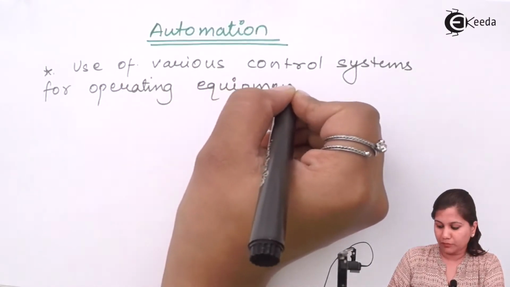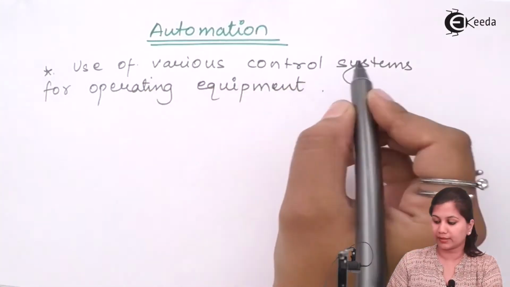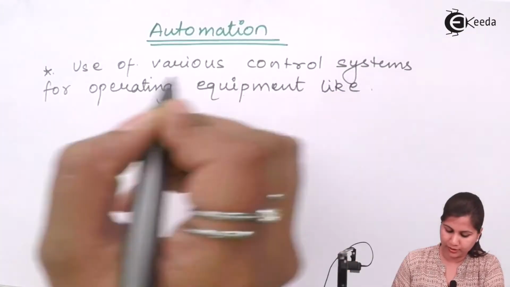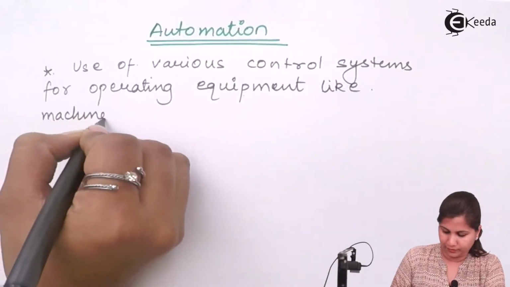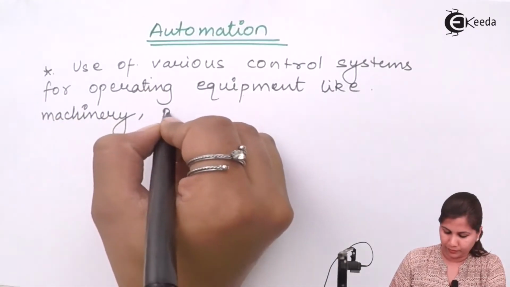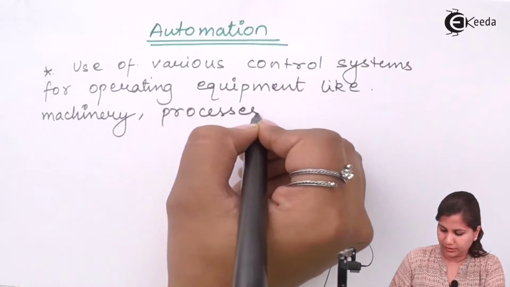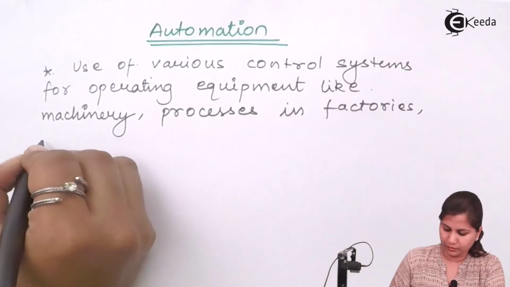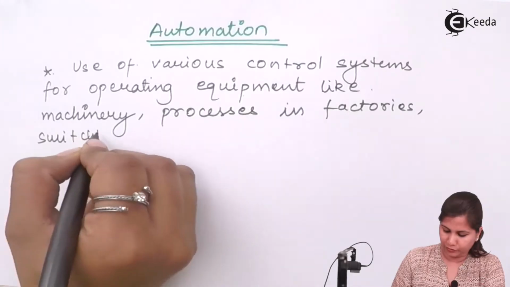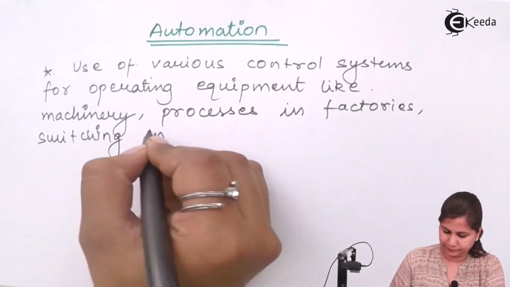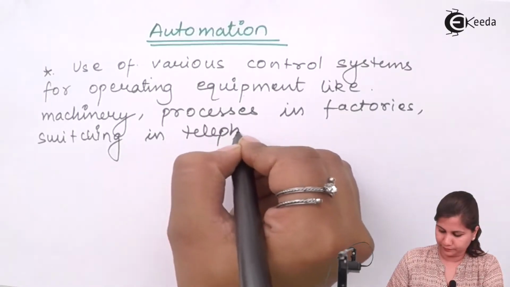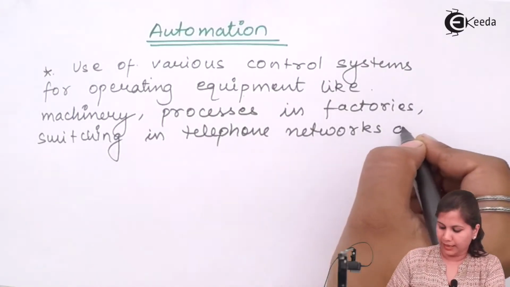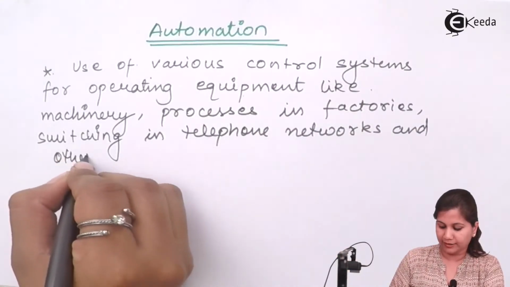So what does automation mean? It refers to the use of various control systems for operating equipment, like machinery used for processes in factories, switching in telephone networks, and many other applications.